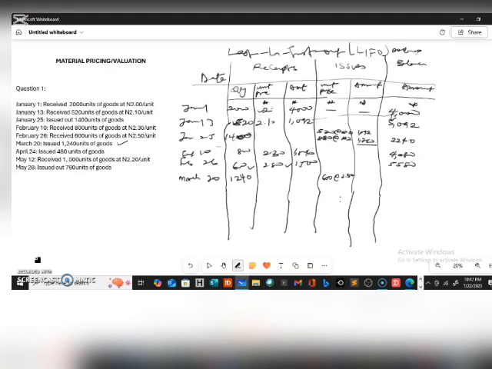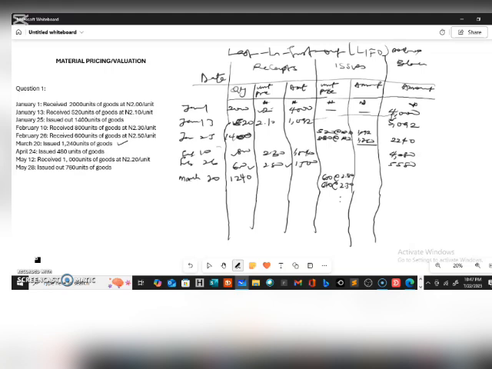When we take 600 out of 1,240, we have 640 left. So the 640, we can find it here. We can take 640 out of 800 and consider the price of 2 naira 30 kobo. So we now say 640 at 2 naira 30 kobo.